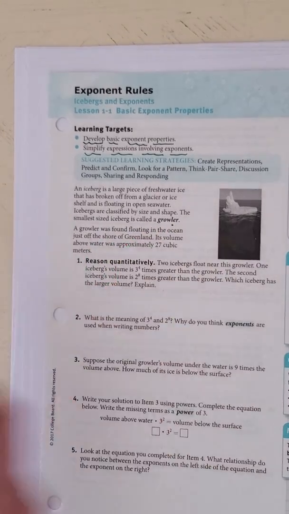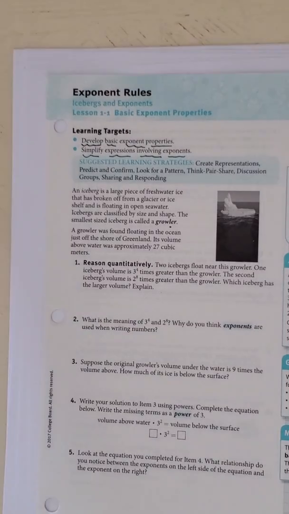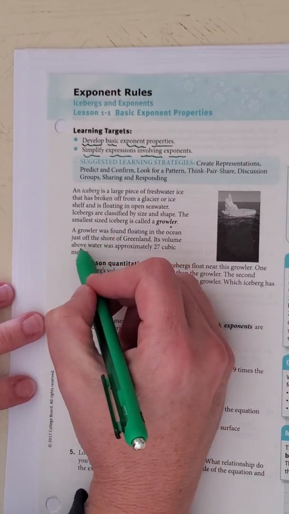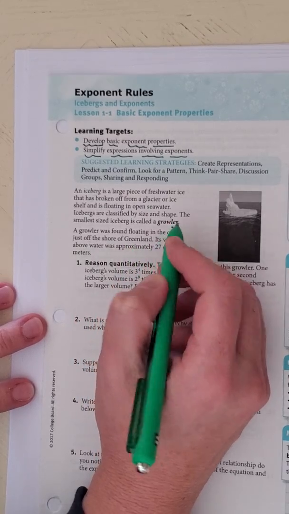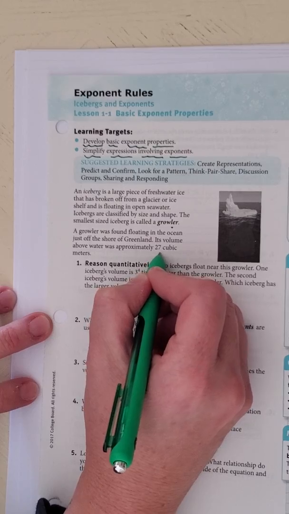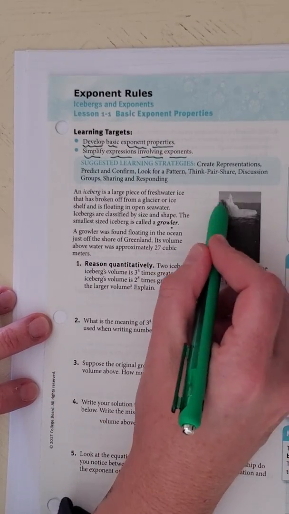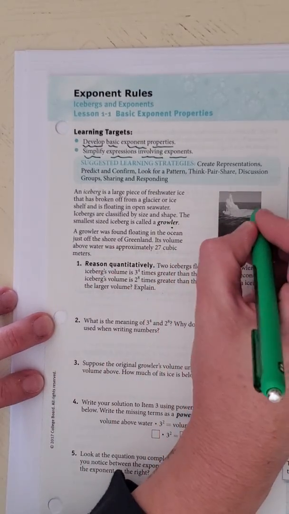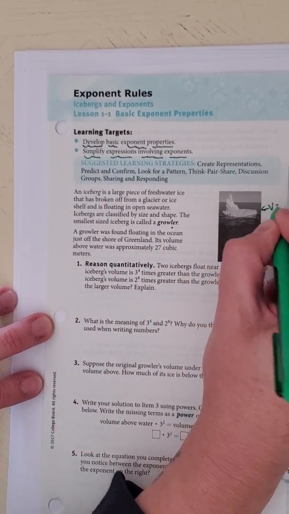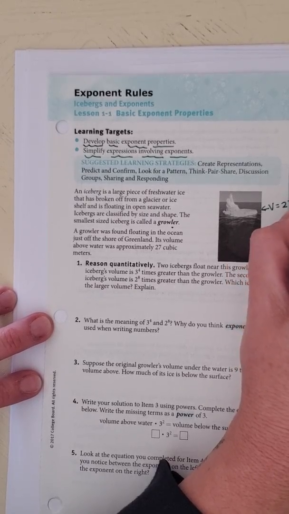A growler was found floating in the ocean just off the shore of Greenland. Its volume above water was approximately 27 cubic meters. So above the water, the volume was about 27 cubic meters or meters cubed.